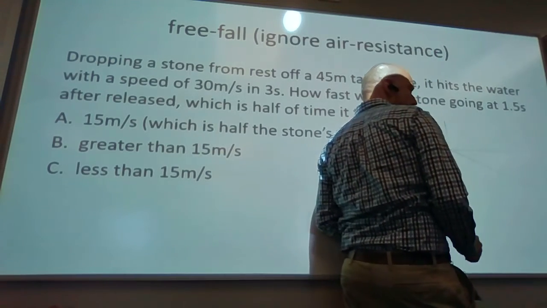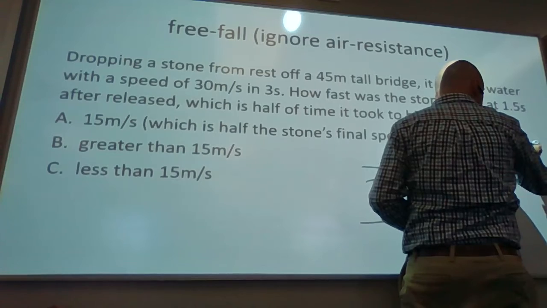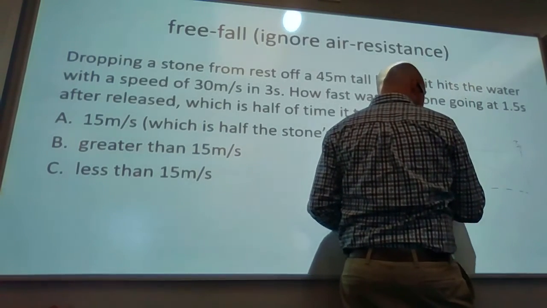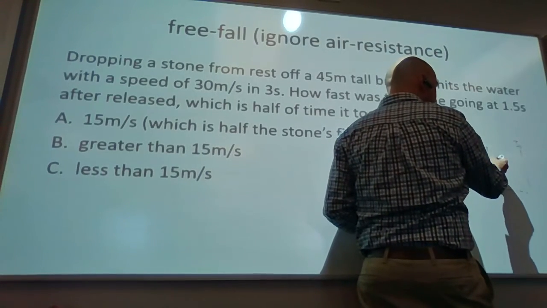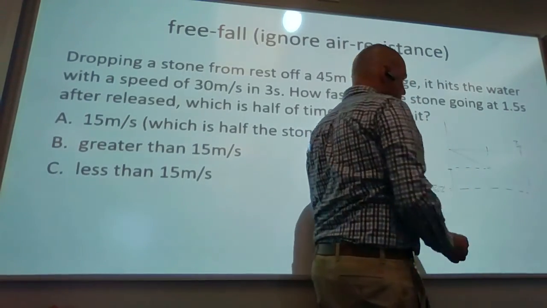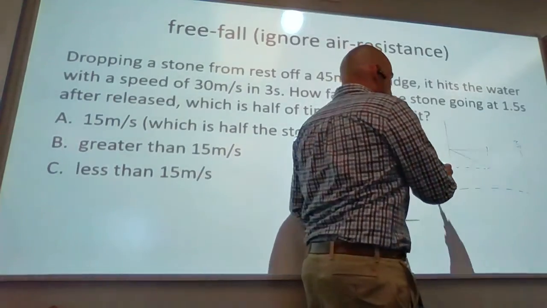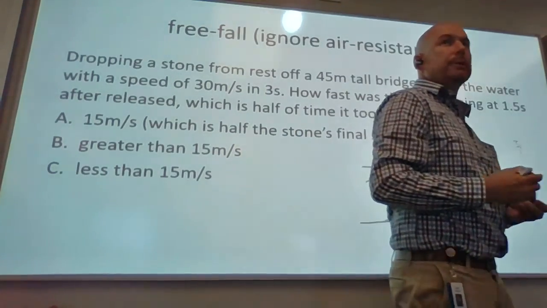So your velocity versus time graph should be a straight line. At 3 seconds, you should be moving at 30 meters a second. At half of that, does that look about half? That's because this is a straight line.